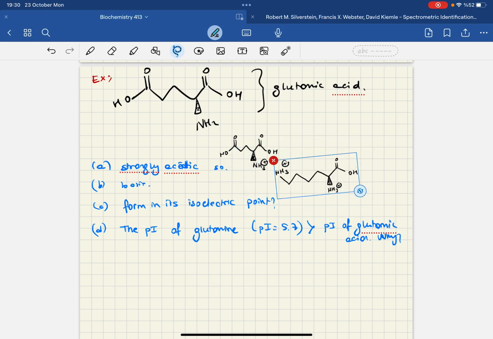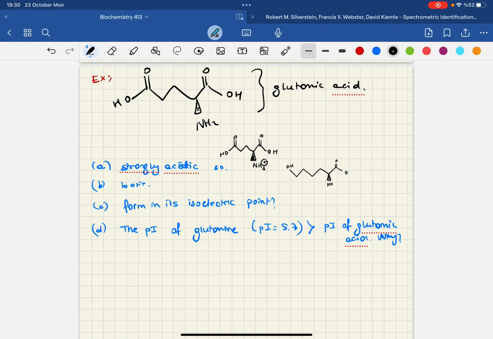And really basic solution, what will it be? All of them will be deprotonated, right? This is our answer in basic solution. Sorry, I copied the wrong molecule. Let me do that real quick. This will be our answer in basic solution.